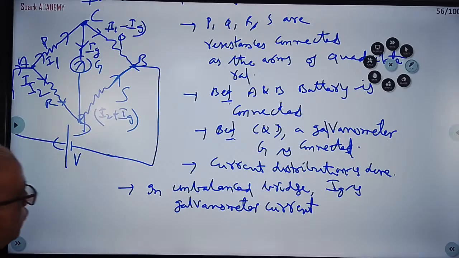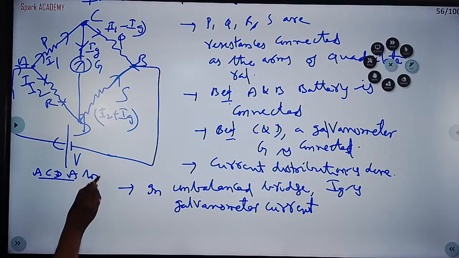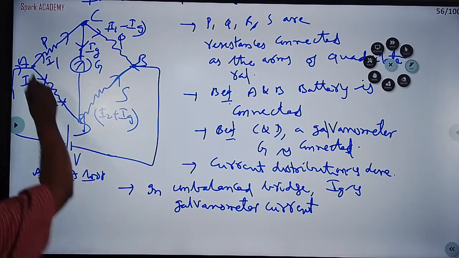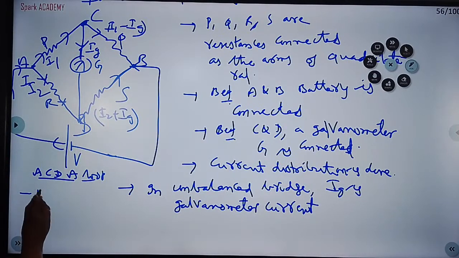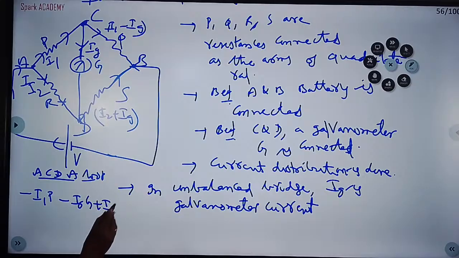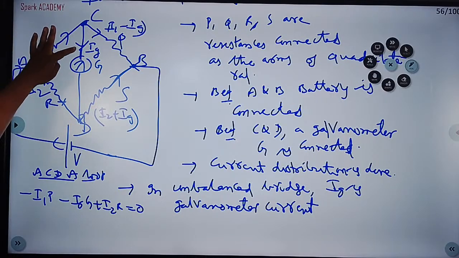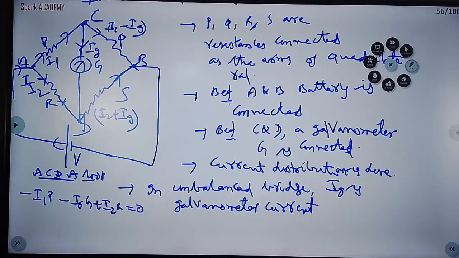In the ACDA loop, in the direction of current: minus I1P minus Ig into G plus I2 into R is equal to 0.